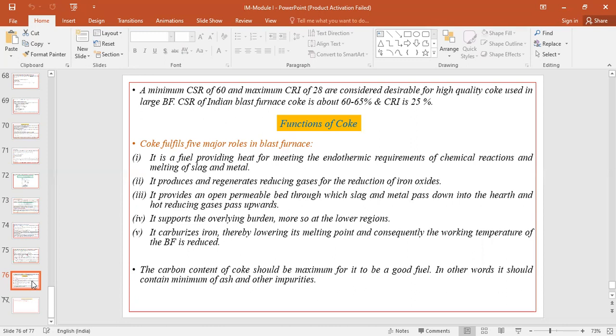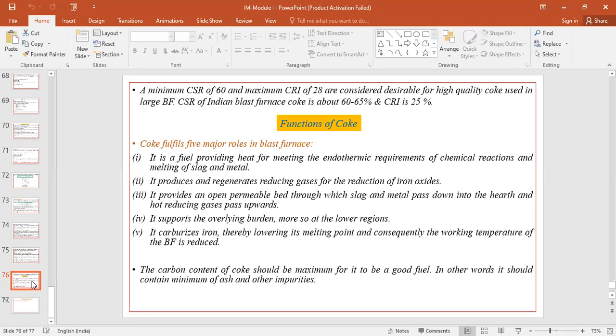With this, the first module is finished, where we were able to discuss the concepts related to the historical scenario of iron making, how the iron making process has evolved over the decades. We also discussed the various raw materials which we use inside the blast furnace, and their characteristics.